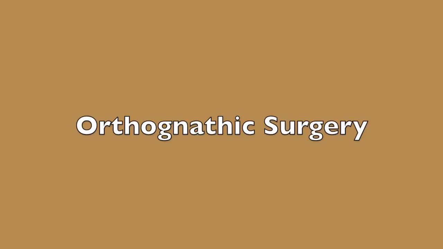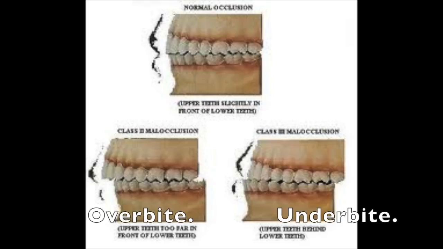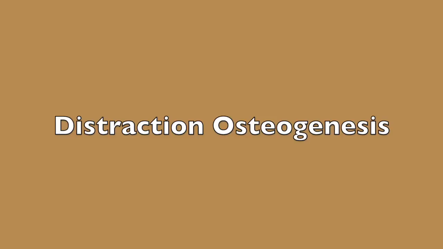Orthognathic surgery is a surgery to correct deformities of the jaw, such as for an overbite or underbite. And the final surgery is distraction osteogenesis, which is a surgical lengthening of a bone by pulling two segments apart so that new bone grows in between.